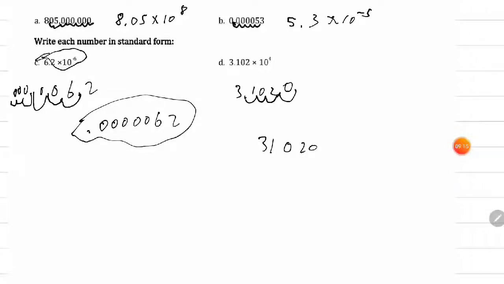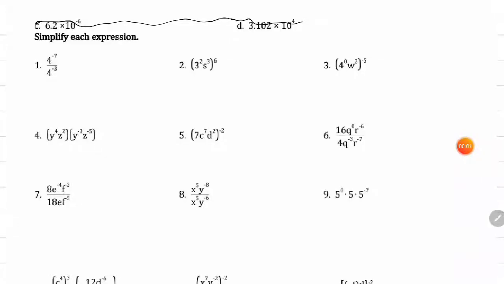Alright, let's move on to some stuff that you're going to see on the homework. Here we go, let's do some example problems. Number 1, 4 to the negative 7 over 4 to the negative 3. They're the same base, so when we're dividing exponents, all we're going to do is subtract them. So this is 4 to the negative 7 minus negative 3.